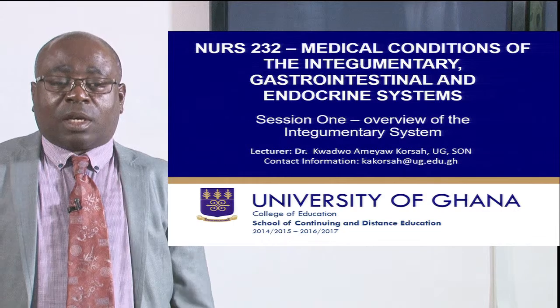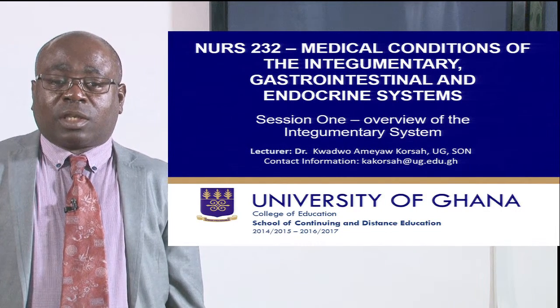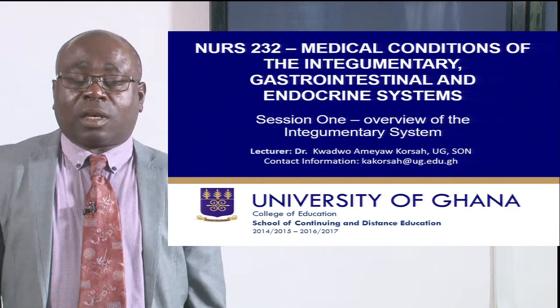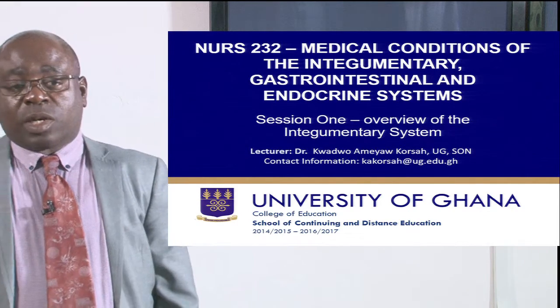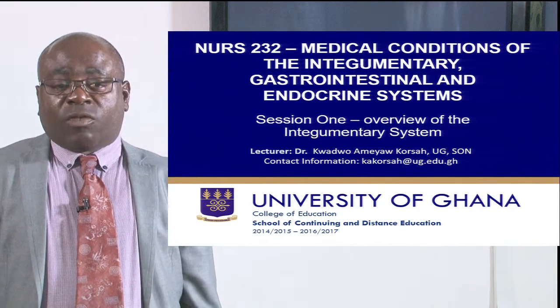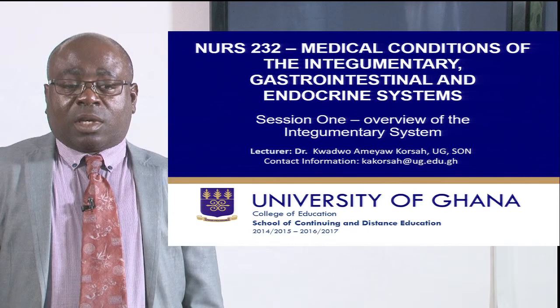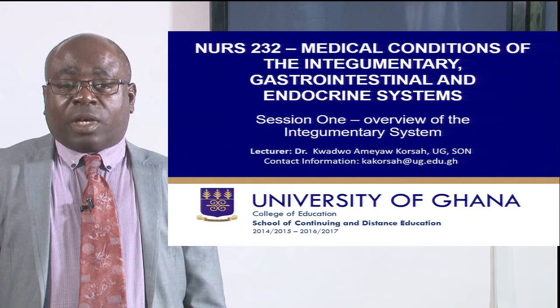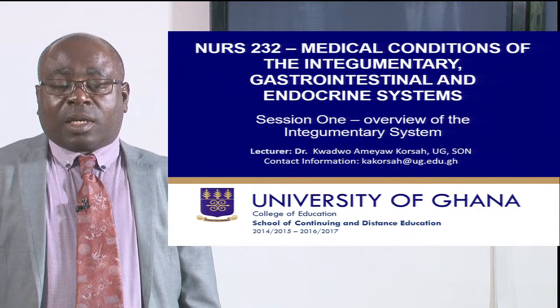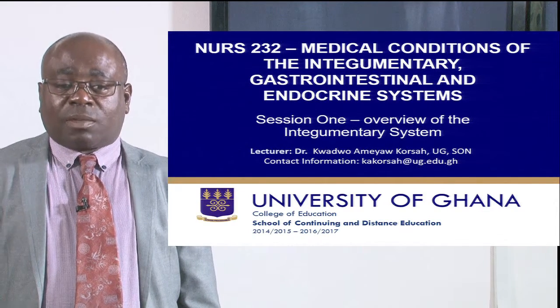We are taking this time to go through Nurs 232, medical conditions of the integumentary, gastrointestinal, and endocrine systems. These conditions are associated with these particular systems, and we'll be looking at a brief overview of the systems, brief anatomy, and then some functions of the systems involved.